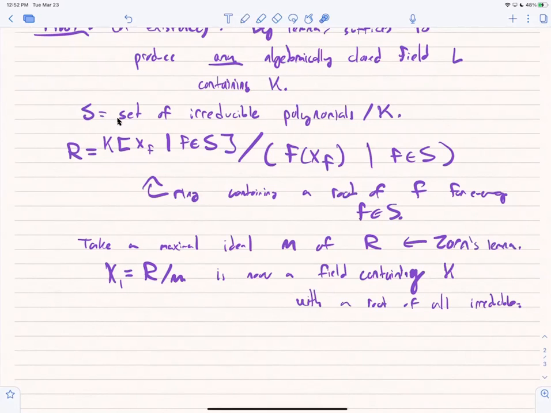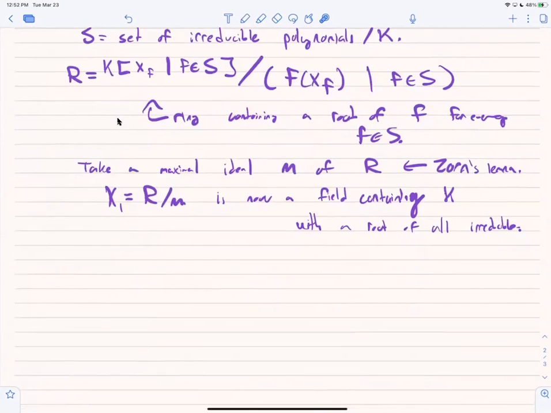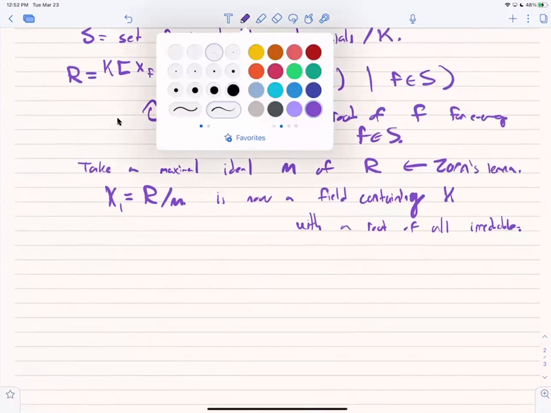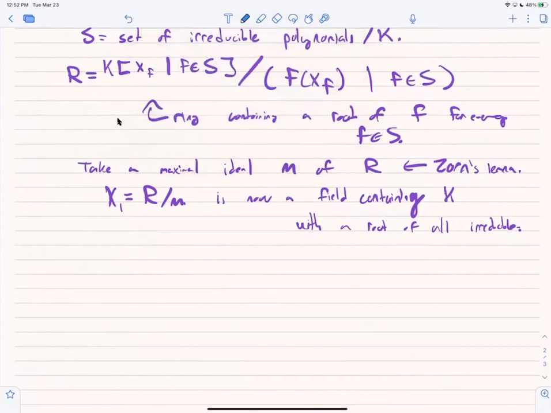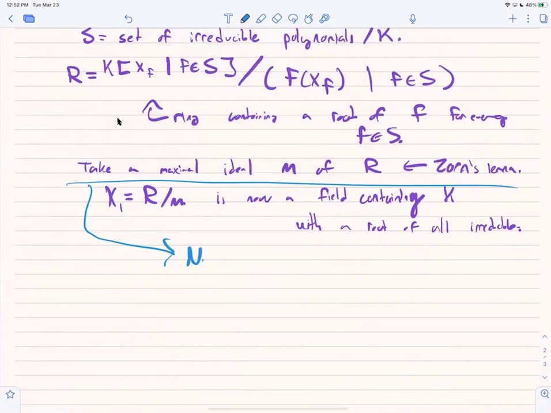Here, the packaging of Zorn's lemma is in the existence of a maximal ideal of this ring I constructed, by fiat, containing a root of every irreducible polynomial. Okay, good. There is one little thing I brushed over. Here you need R to not be the zero ring.